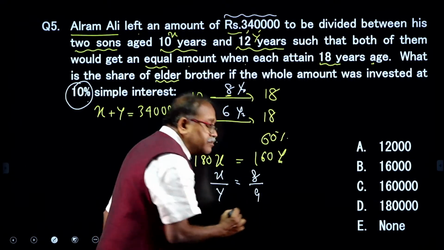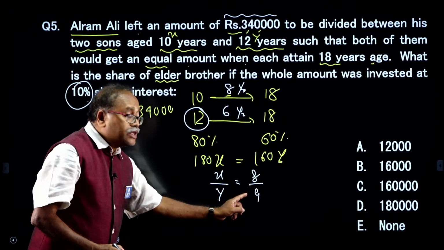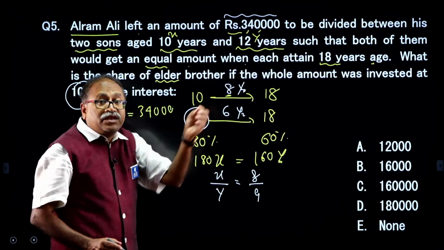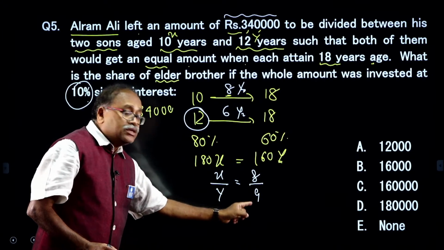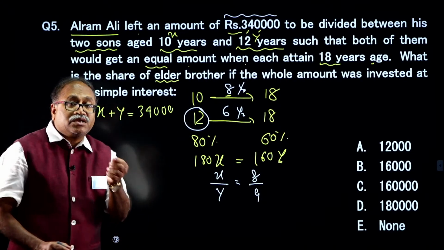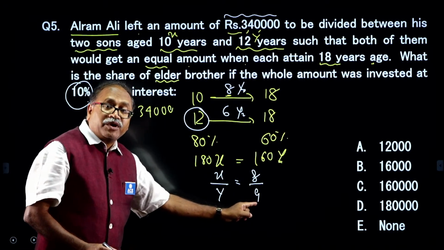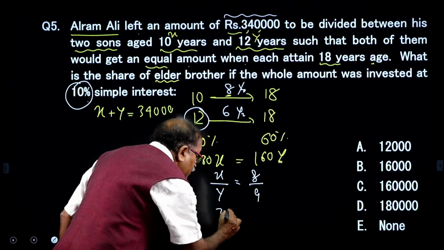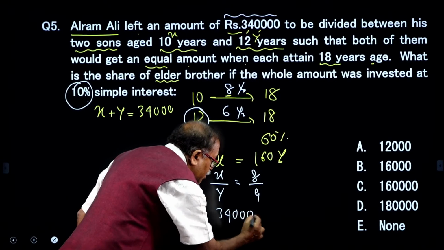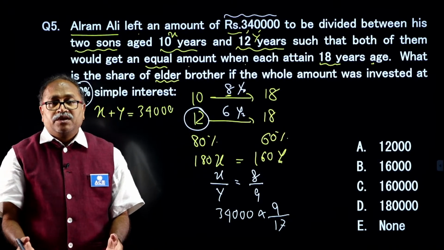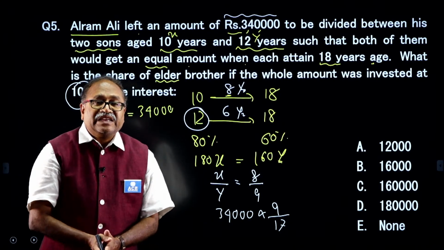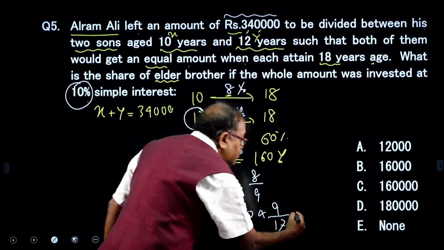I need the y value. x plus y, that is 17 parts, is 34,000, then what is 9 parts? So that is 34,000 into 9 parts, whereas given is 17 parts. So 9 into 2 is 18. So 18,000 should be my answer.